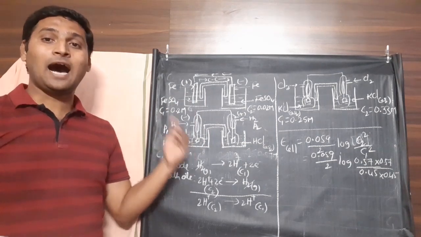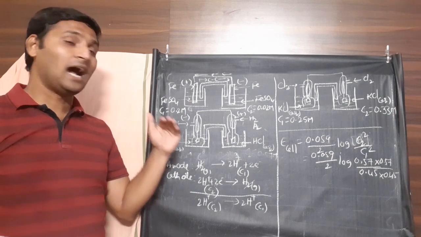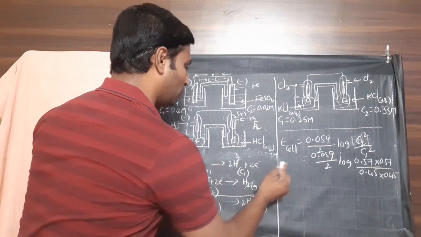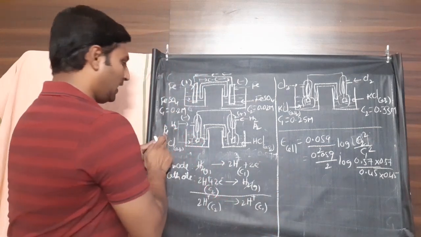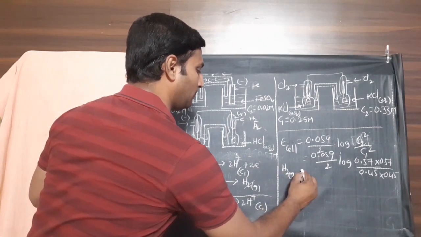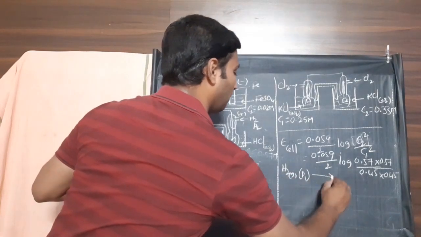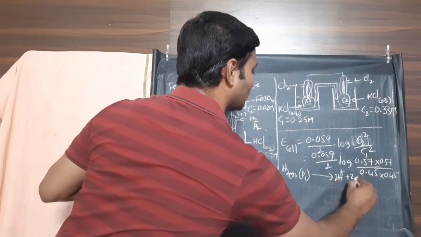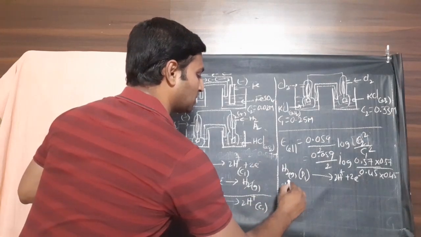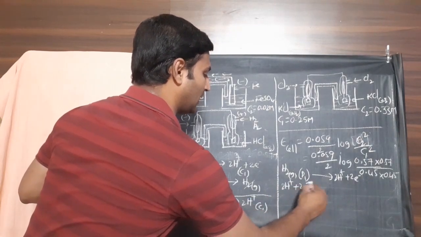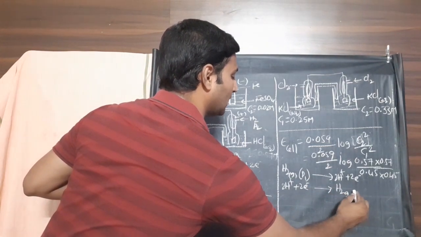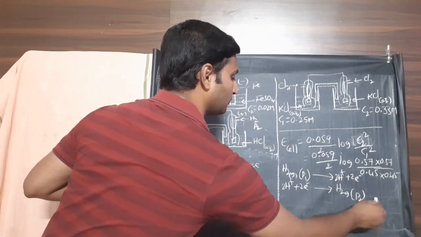Let us work on how that Nernst equation is going to be and how that cell is going to function. Observe here. As usual, anode, let me call it P1, let me call it P2. So H2 gas with a partial pressure of P1 becoming 2H plus and 2 electrons, and then 2H plus gaining 2 electrons, that will be the cathodic reaction, giving rise to H2 gas with partial pressure P2.